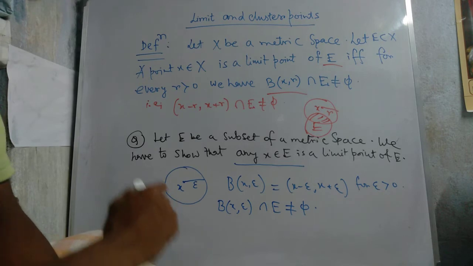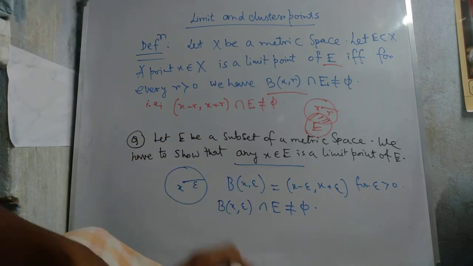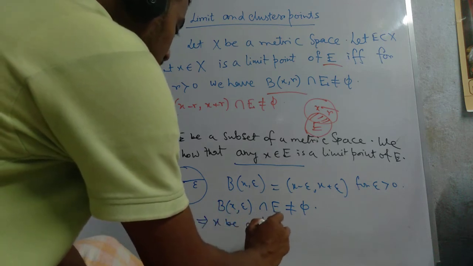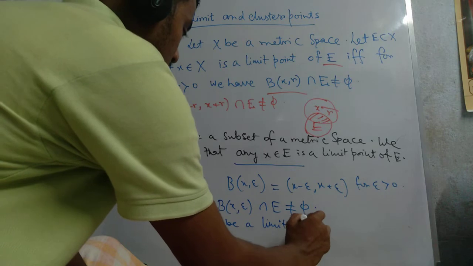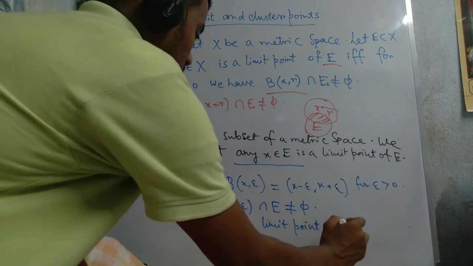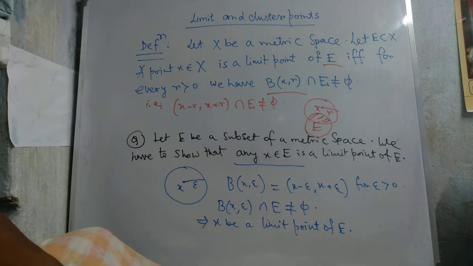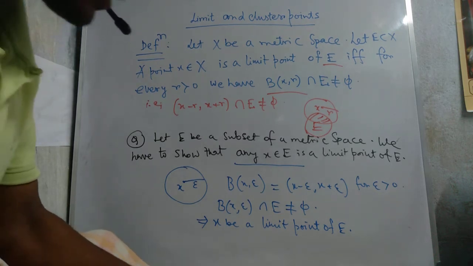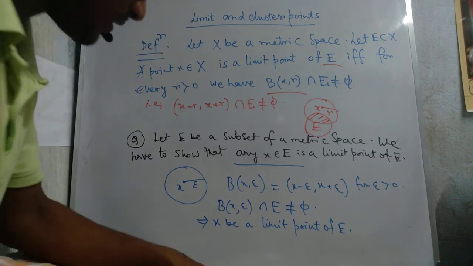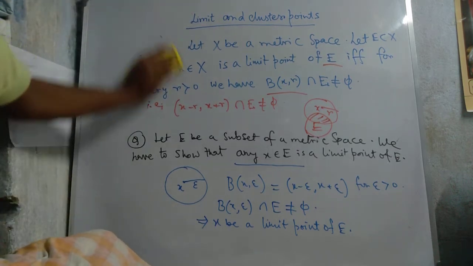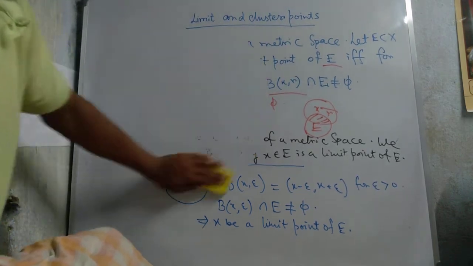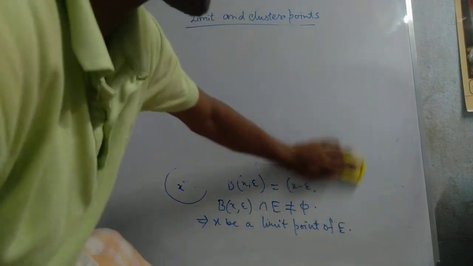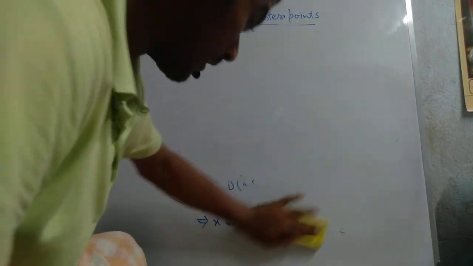If this ball intersection E is not equal to empty set, then this implies that x is a limit point of E. Now we start the next question. We just saw the limit point definition and started this portion, limit and cluster point.